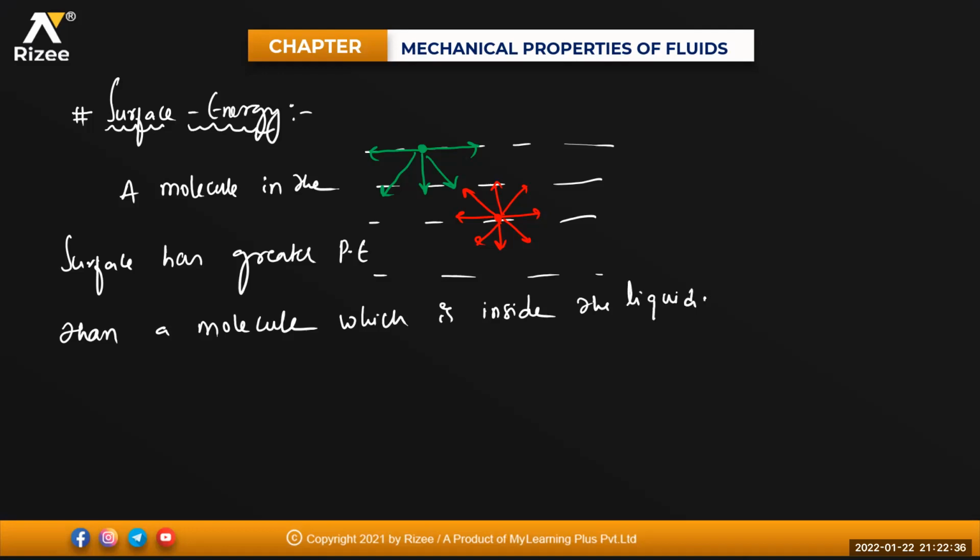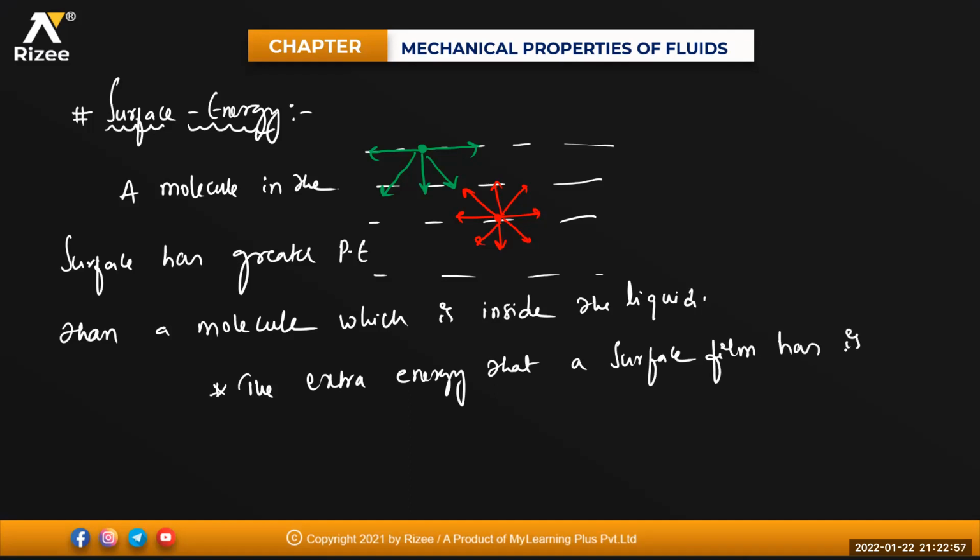Okay. So the extra energy that the surface film has is called surface energy, beta.